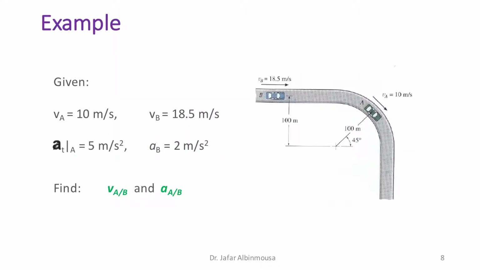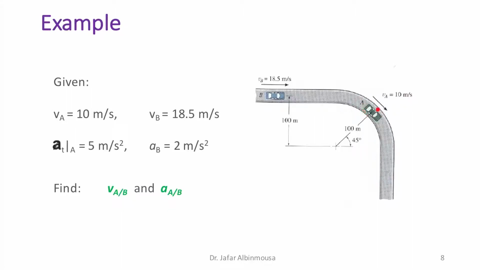So let's have this example where we can see that there are two cars, car B and car A. At one instant, car B was moving with a velocity of 18.5 meters per second along this line and an acceleration of 2 meters per second squared.